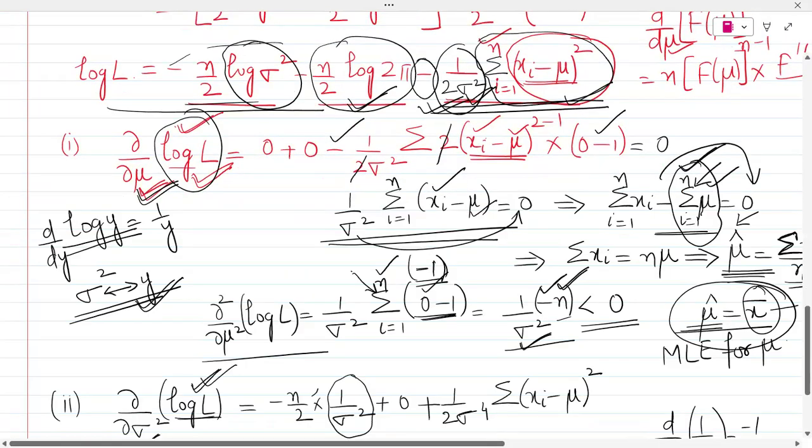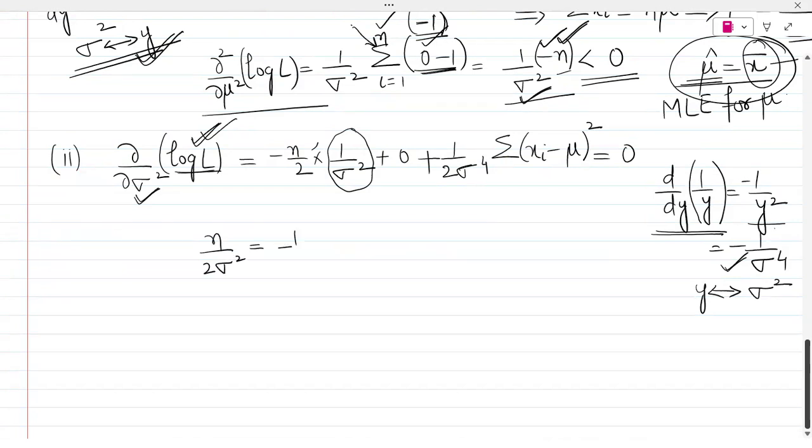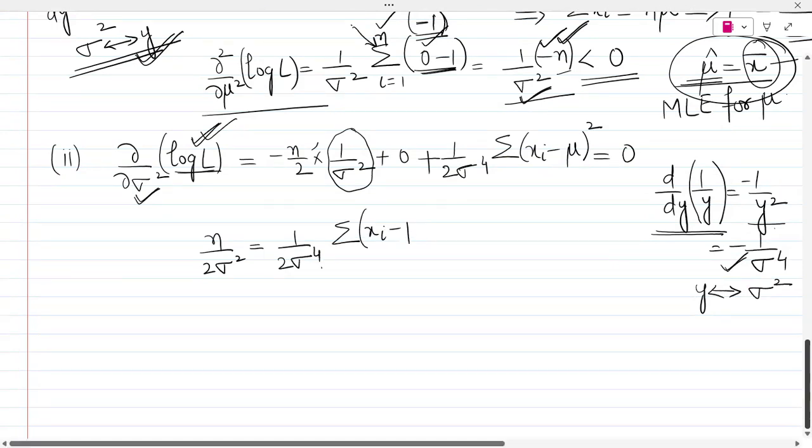Now put it equal to 0. And now n by 2 sigma square is equal to 1 by 2 sigma 4 times summation xi minus mu whole square. Actually, I have taken this term to this side.